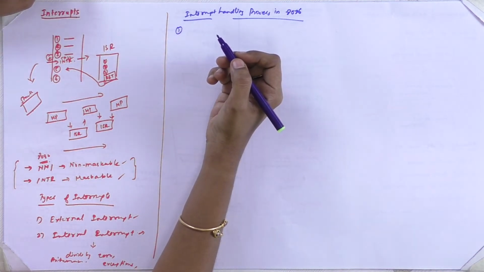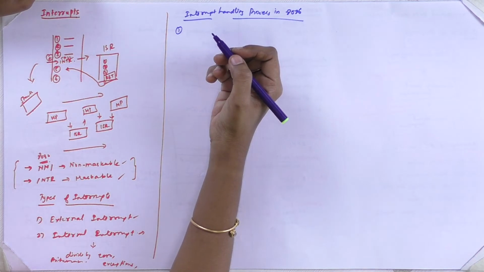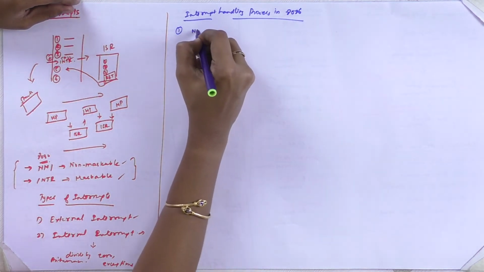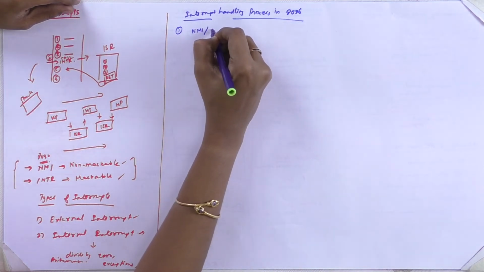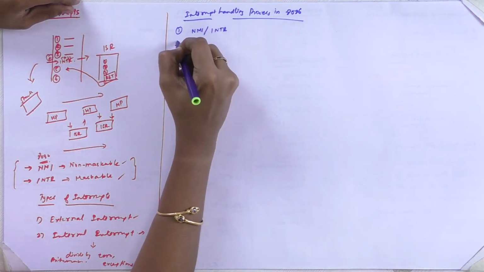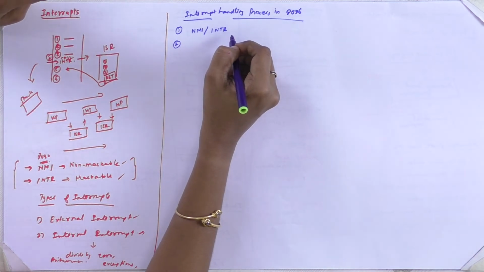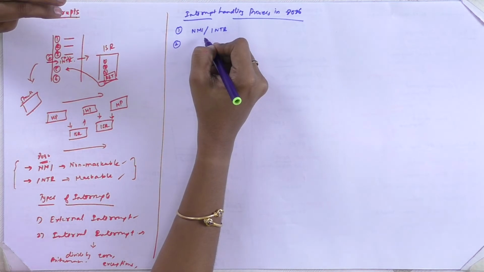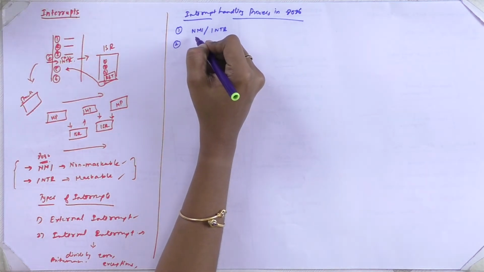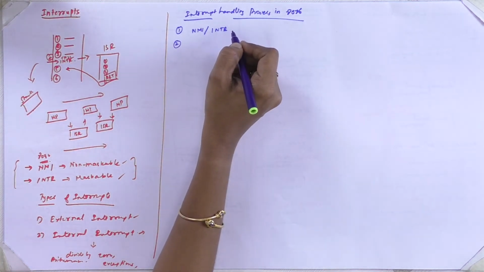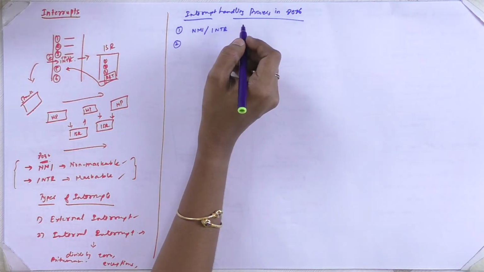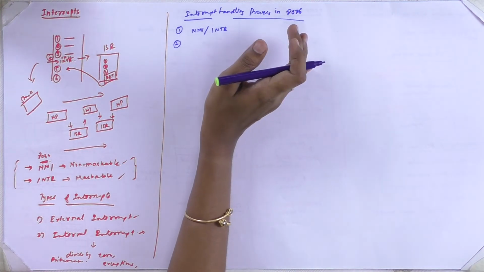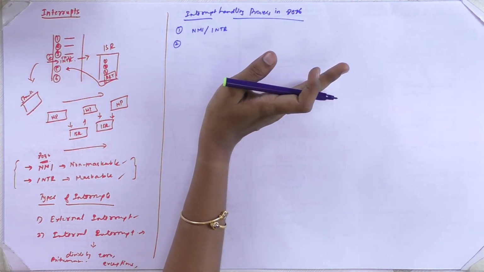Now let us start with the first assumption that there is an interrupt request given to the 8086 processor through the NMI or INTR pin. Whenever the processor receives this interrupt request via the NMI or INTR pin, the processor completes all its current execution.